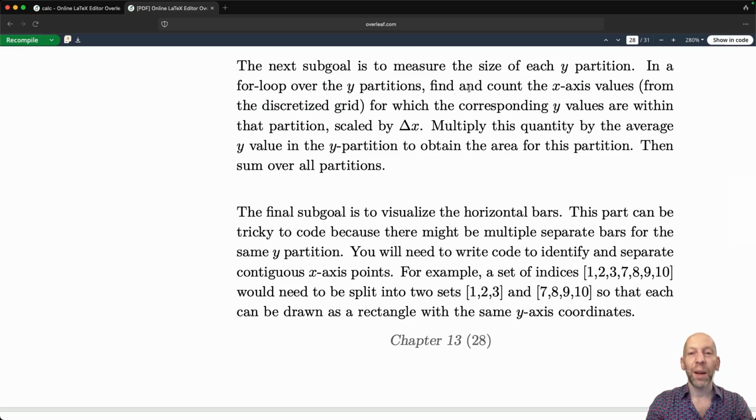So you count the number of x-axis values for which the corresponding y values are within the partition. That gives you the sum, and then you scale by delta x, which gives you the sum scaled by the x-axis resolution. Then you repeat this in a for loop for each of the y partitions, and that is how you get the Lebesgue approximation.